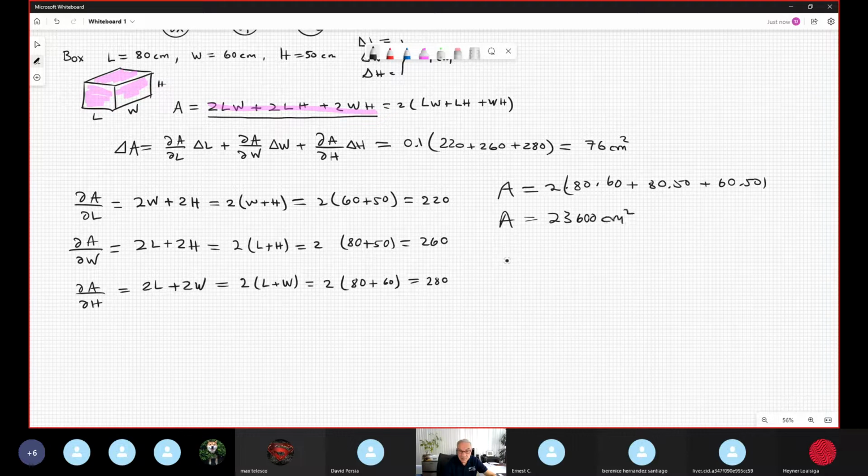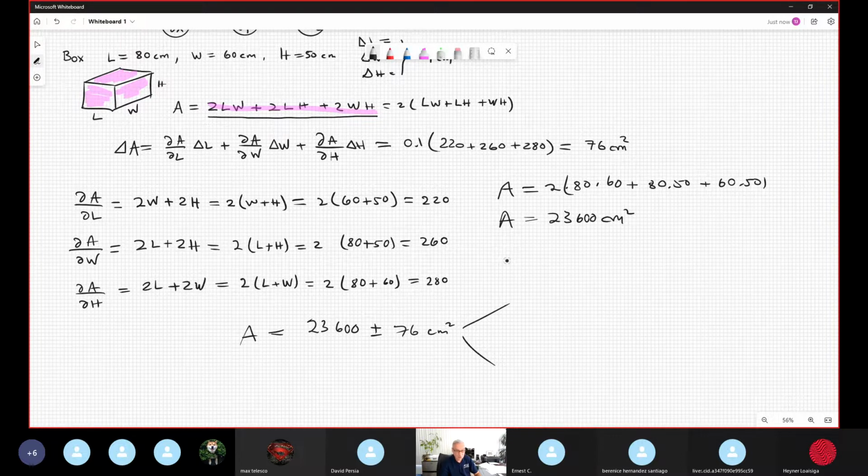centimeters squared. Okay, so how do you express the area with its error? You write it like that. Area is equal to 23,600 plus and minus 76 centimeters. This is centimeters squared, sorry, everything is squared.